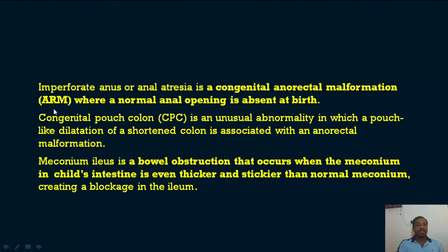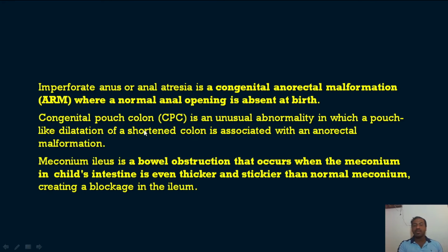And we know the other options. Like imperforate anus, what is imperforate anus or anal atresia? It is a congenital anorectal malformation or ARM, where a normal anal opening is absent at birth. Okay, there is no anal opening for the baby. That is imperforate anus or anal atresia. Then the other option was congenital pouch colon.